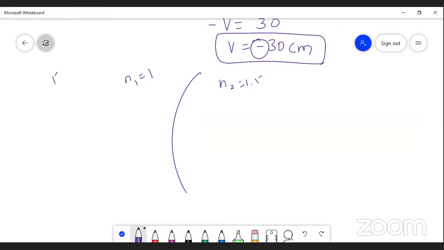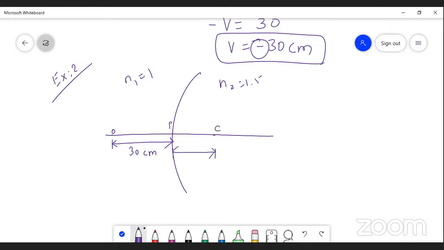This is example 2. This is the principal axis, the pole point. The object is placed at this point. The distance between pole and object is equal to 30 centimeter. The radius of curvature is the C point. The distance between pole and C is equal to 10 centimeter.